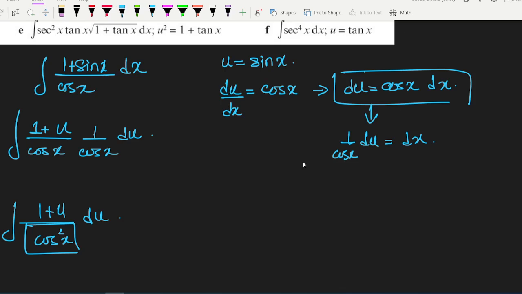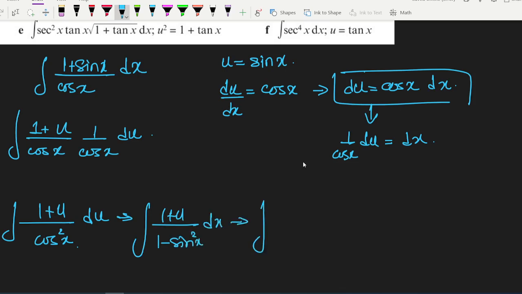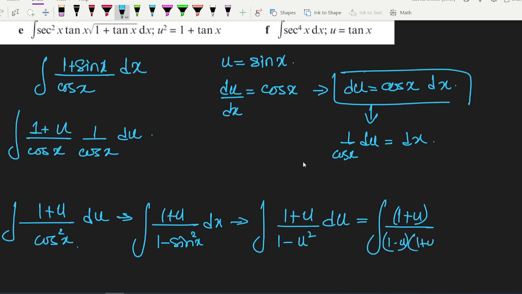Whenever a trig is involved in any question of integration or differentiation, you have to recall all the identities of trig. So cos square x is 1 minus sine square x. So this becomes integral 1 plus u divided by 1 minus sine square x du. So this becomes integral 1 plus u divided by 1 minus u square, right? Du. So this becomes integral 1 plus u over 1 minus u, 1 plus u du. 1 plus u, 1 plus u cancels out.